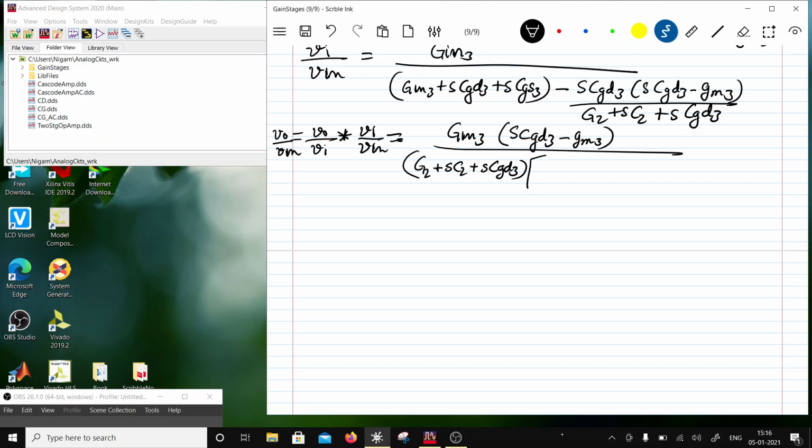This thing has to be multiplying this term, which is G in 3 plus SCGD3 plus SCGS3 minus S times of CGD3 times of S of CGD3 minus GM3 divided by G2 plus SC2 plus SCGD3 and bracket close.